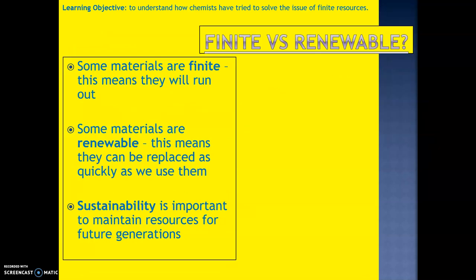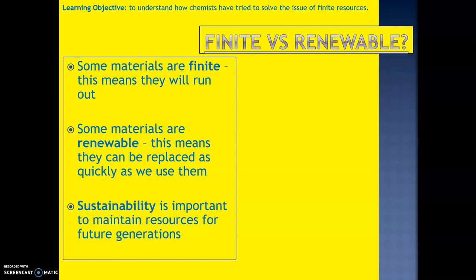Okay, so what does finite mean? So finite versus renewable. Some materials are finite. You may have heard this before. This means they will run out. There is only a limited amount of that available. Common examples are crude oil found deep in the ocean, which is only a finite amount, or natural gas. But some materials are renewable. This means they can be replaced as quickly as we use them.